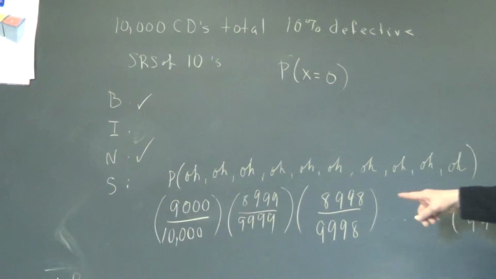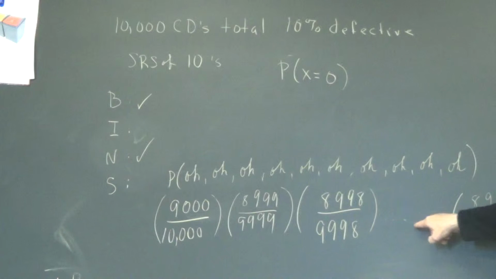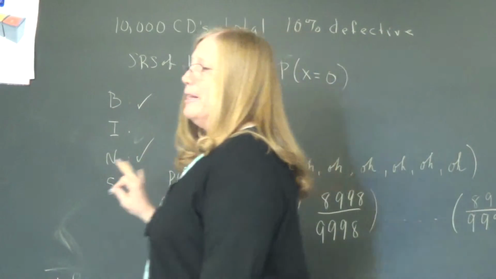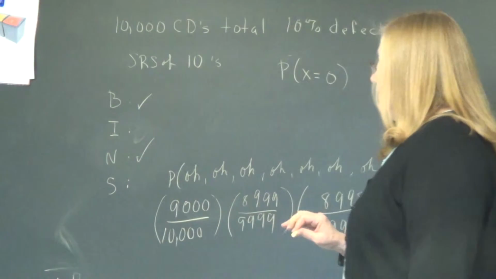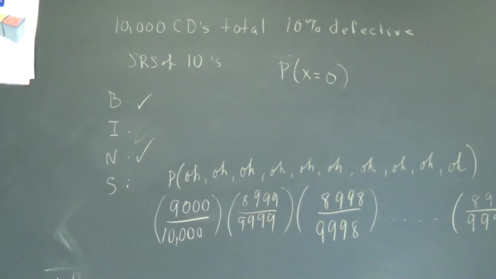When I actually put all these numbers in, even the ones that I missed with the dots, I got 0.3485. So I actually did this problem. Now I'm going to go back and do something that may surprise you. Let's see if this works as a binomial distribution anyway.